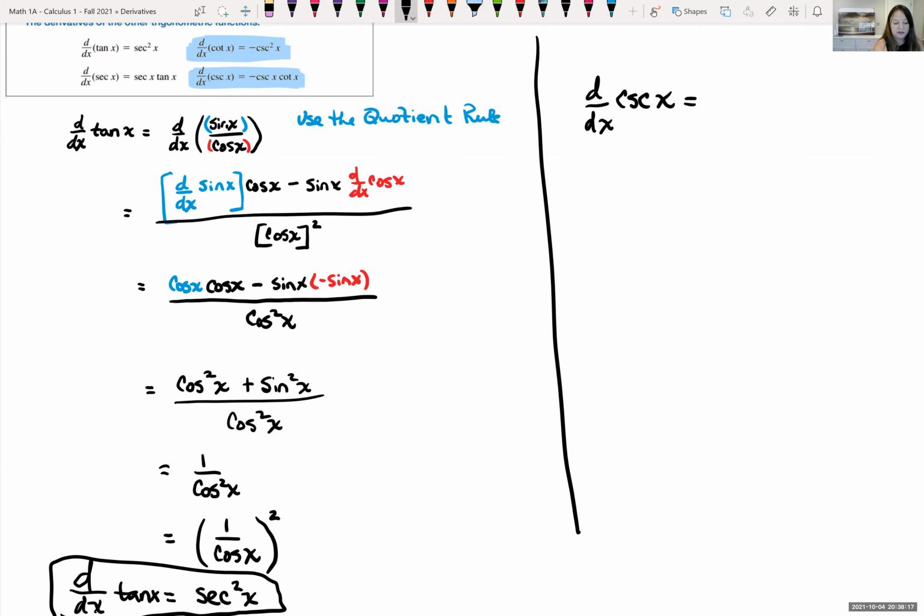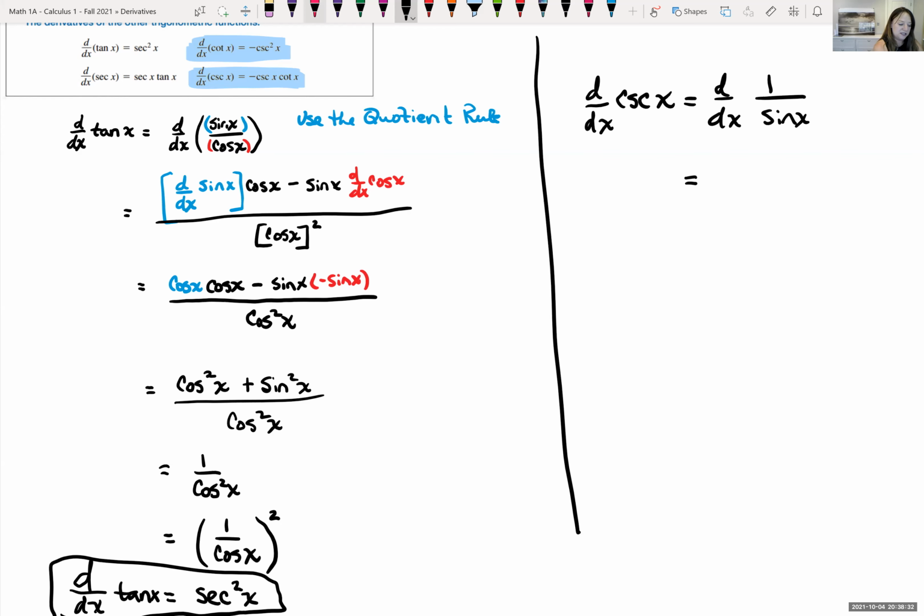Okay, so we're taking the derivative of cosecant of x, but we can rewrite cosecant as 1 over sine of x. Now we can go through and use the quotient rule.